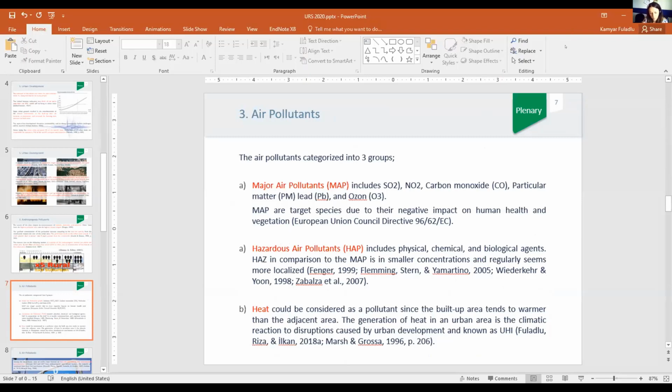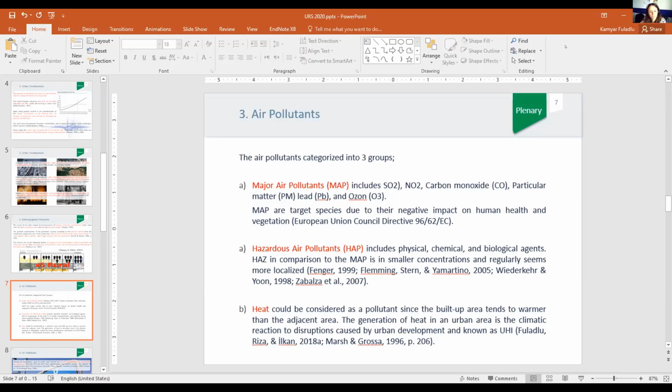We can categorize the air pollutants into 3. One of them is the major air pollutants, which include sulfur dioxide, nitrogen dioxide, carbon monoxide, particulate matter with dimension 2.5 and up to 10, lead, and ozone.